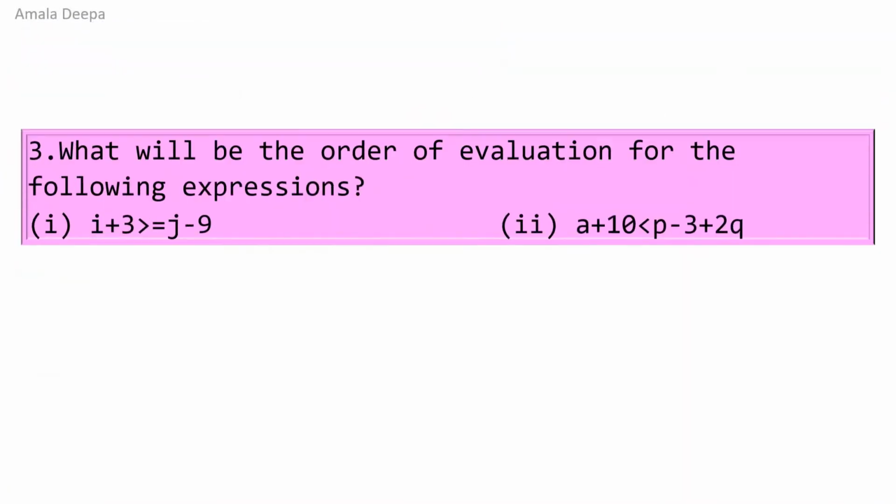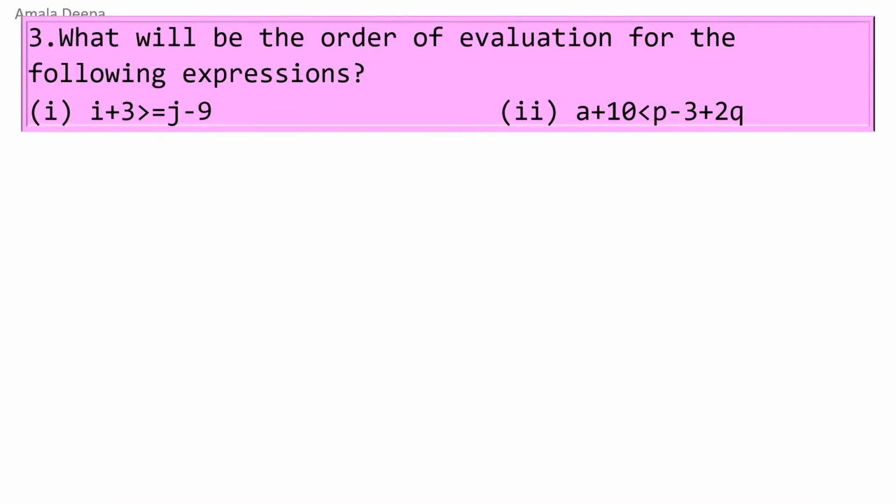The third question, what will be the order of evaluation for the following expressions? In this, the arithmetic expressions i plus 3 and j minus 9 are joined with the relational operator greater than or equal to. Therefore, this is a relational expression.